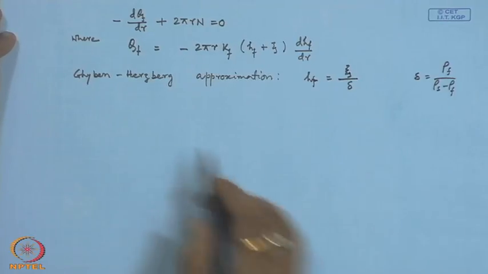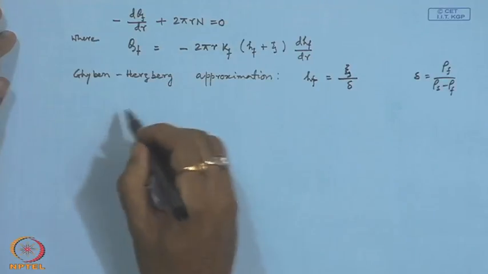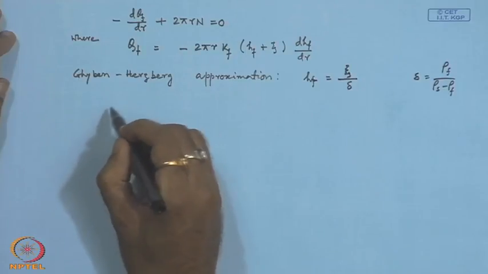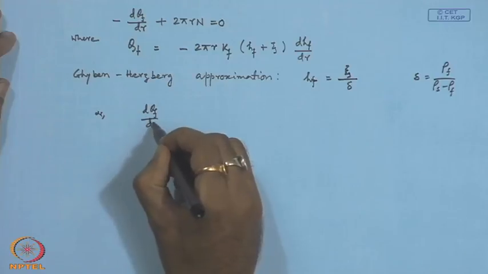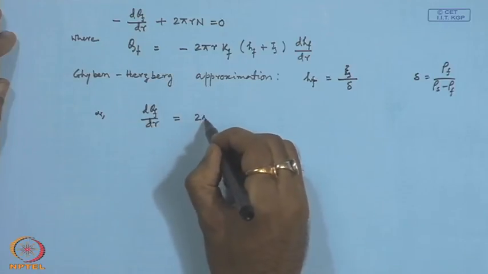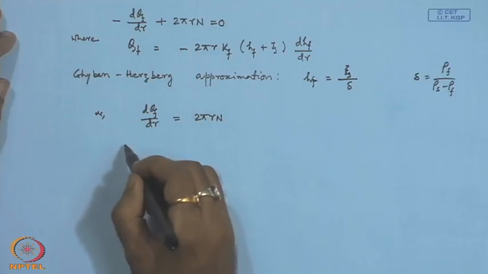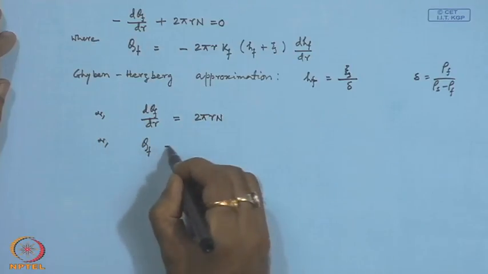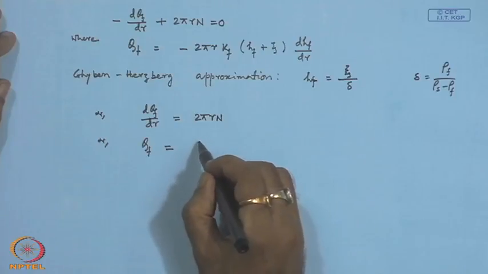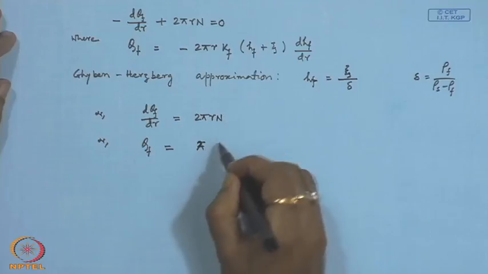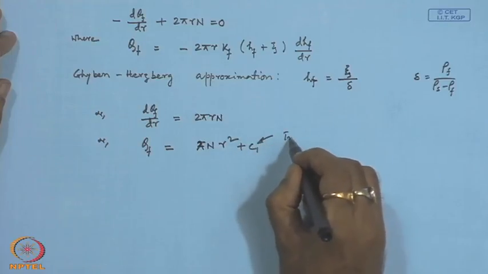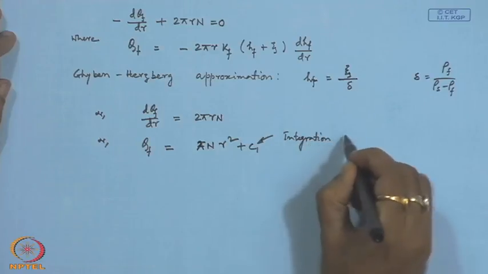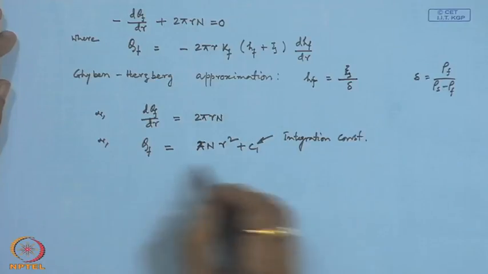So, with this approximation, we can write dQf by dr is equals to 2 pi r n, and from this one we can write this Qf as pi n r square plus C1, where we have integration constant now.